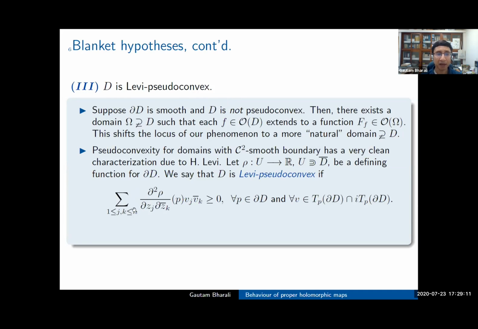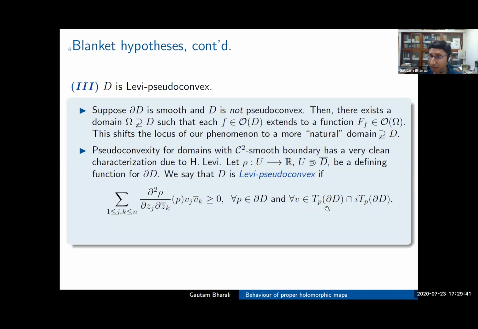If you notice, there's this particular quadratic form that I have just defined. This quadratic form is non-negative at every boundary point on a very specific subspace of the real tangent space to the boundary manifold. And that subspace is this intersection.